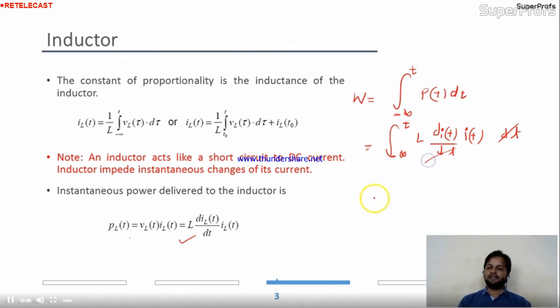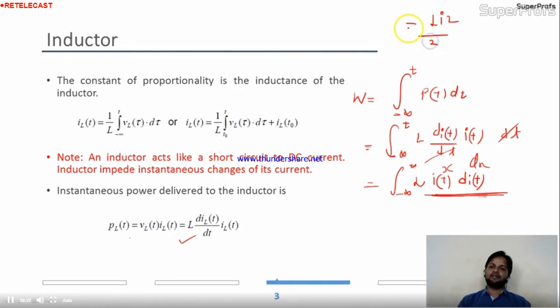Over here dt will cancel dt. Now the equation is L i(t) di(t) from minus infinity to infinity. Again the situation is the same, like here this is x, this is dx. Is it okay? So this is nothing but L i square by 2.